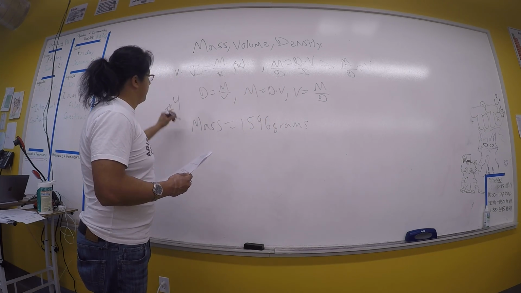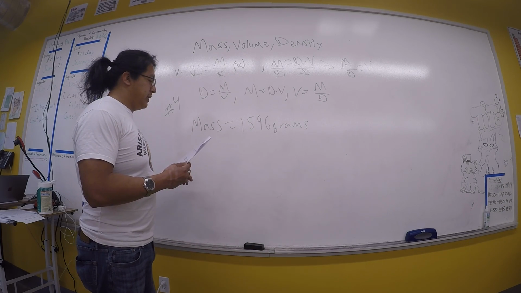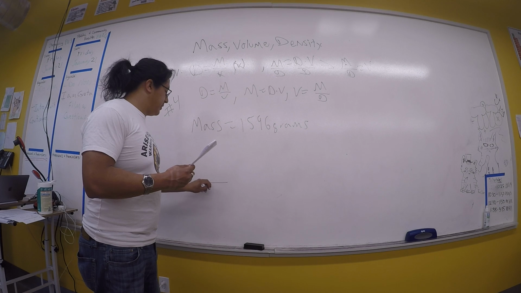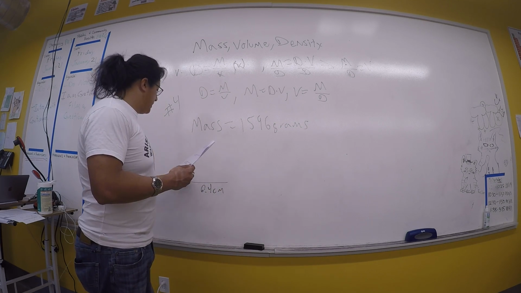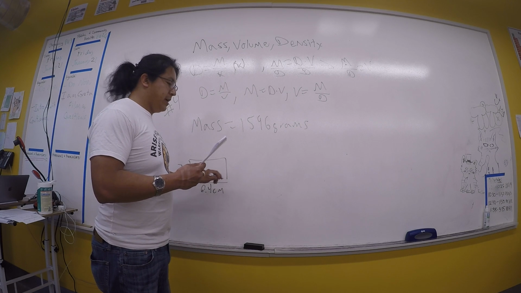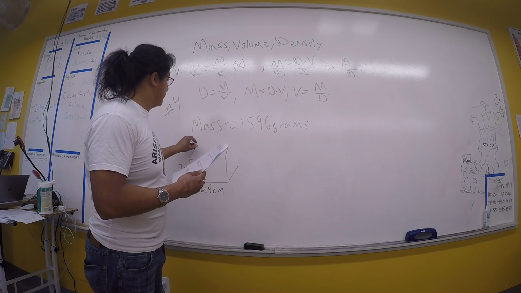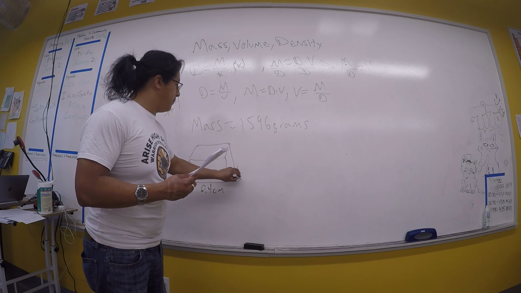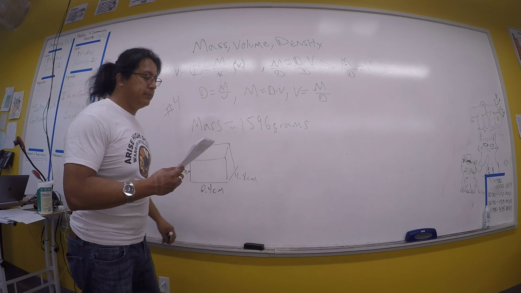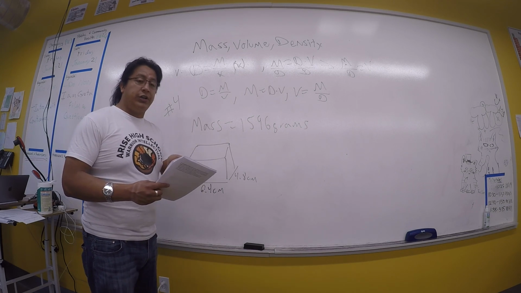The dimensions of the block are 6.4 centimeters by 7.5 centimeters by 4.8 centimeters. From this data, what is the density of copper? So we're looking for density.